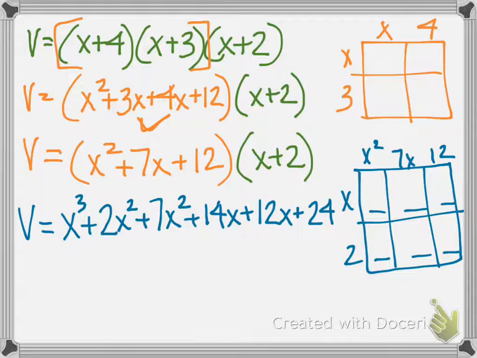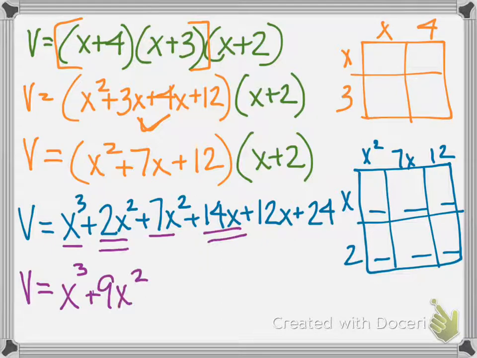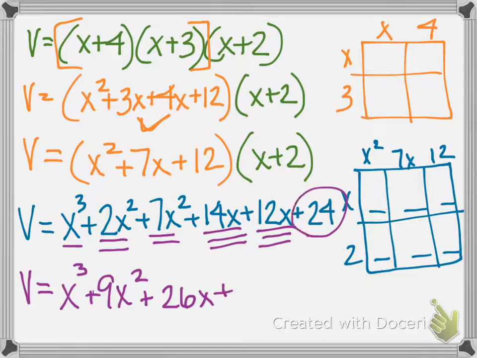So now again, combine like terms. I have x to the third, no other x to the third, so that stays. 2x squared, 7x squared is 9x squared. 14x and 12x makes 26x. Plus the last one on the end, 24.